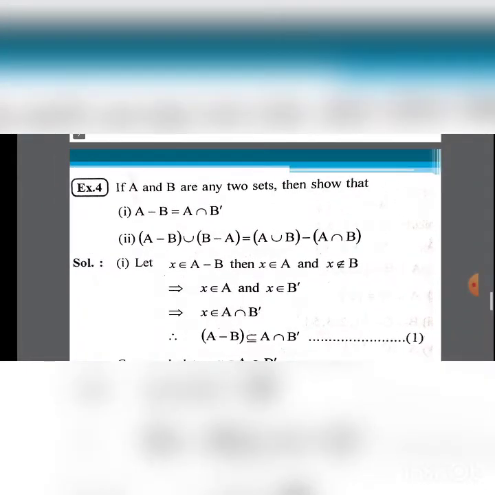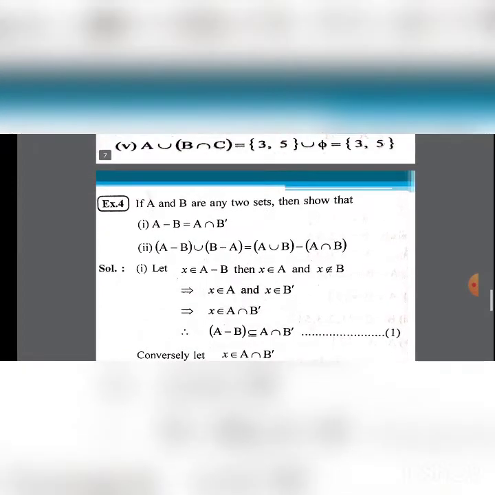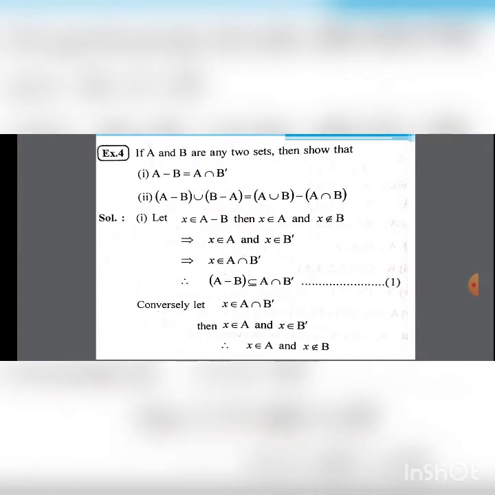So what we get here? x is common element to both sets A and B complement. So x belongs to A intersection B complement. You can see here this is the right hand side of the equation. So what we get? Left hand side is subset of right hand side. This is equation number first. So conversely, now we prove right hand side is subset of left hand side.